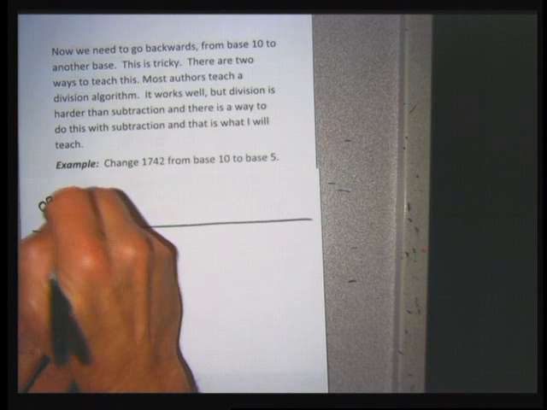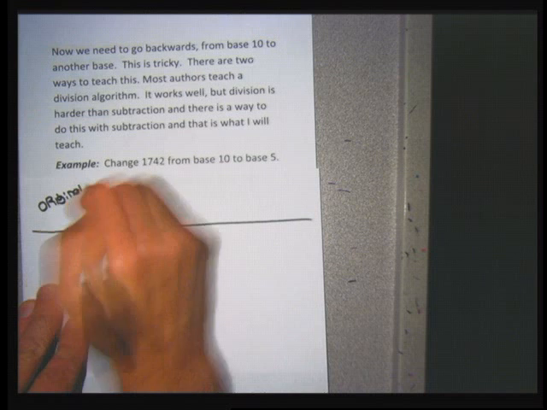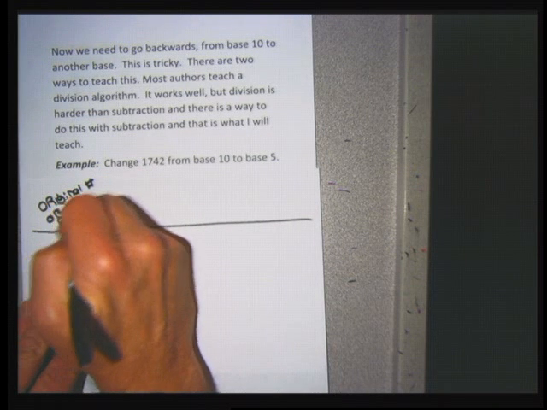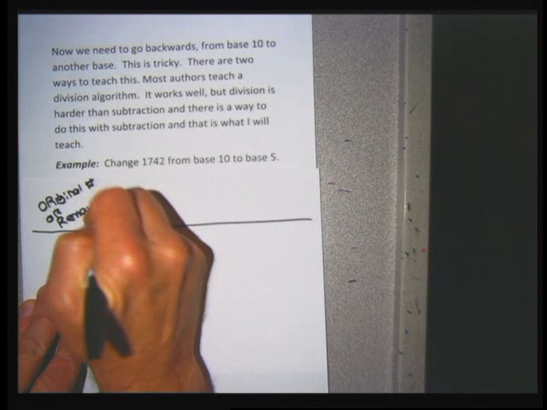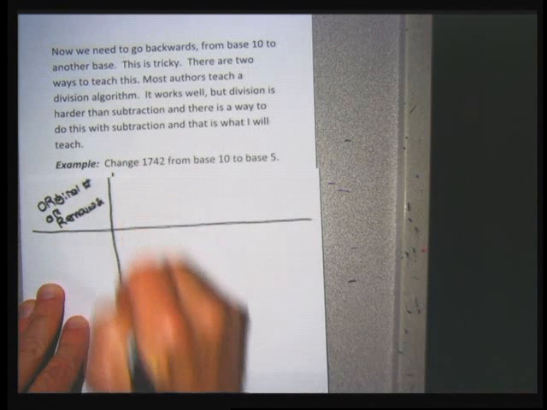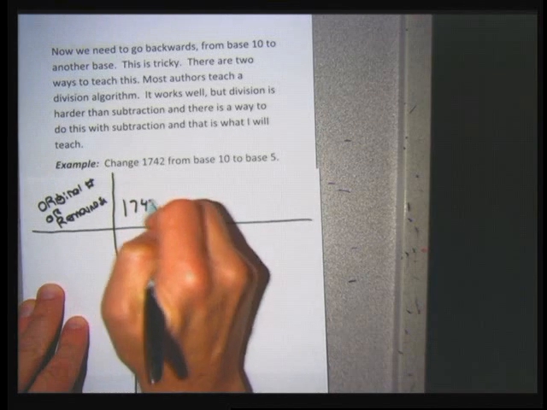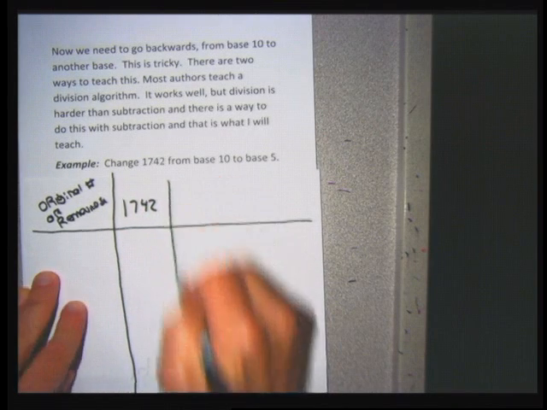At the top of my table, I'm going to start off with words, and I'll shrink the words over time. Original number or remainder. My first column is going to start off with a 1742, which is the original number.